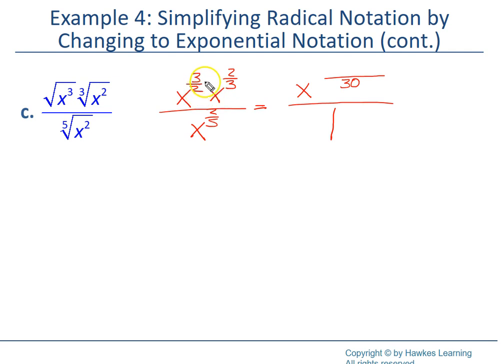So we have to make this a 30, so we got to multiply it by 15. So this is going to be 45 plus, multiply this by a 1 in the form of 10/10. And then we're going to bring this up here, and this is going to be 6 over 6.